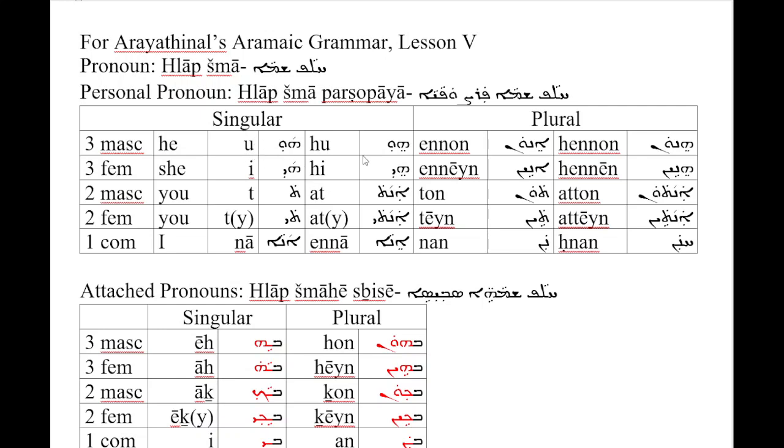If you want to say he is Paul, you go hu Paulus u, or hu u, which you turn into hu Paulus. She is Tabitha. Hi, so that's she, Tabitha, hi.